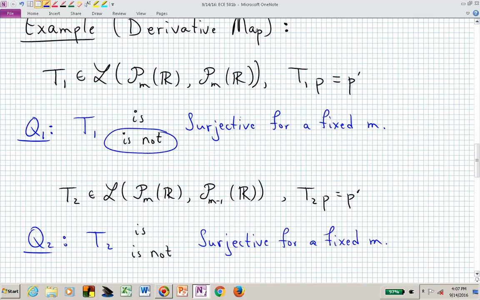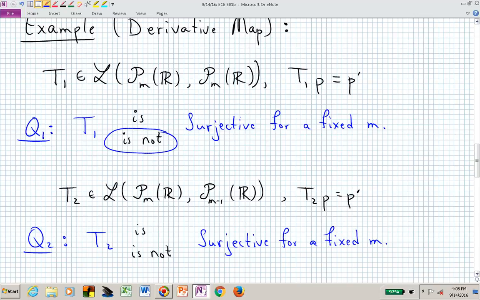So that leads into question 2 and another linear map, T sub 2, that takes us from mth order to m-1 order polynomials. And now I'm not going to give you as much time to think about this, but I still want your vote.